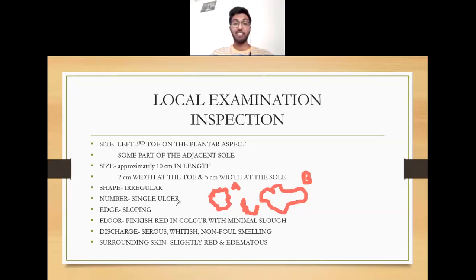Okay, fine. So at this point, you should all be ready with the edges and examples. I will not go into detail: the edges will be sloping in a healing ulcer, undermined in a tuberculosis ulcer, punched out in trophic ulcers or pressure ulcers and arterial ulcers. Trophic ulcer or tropical ulcer?